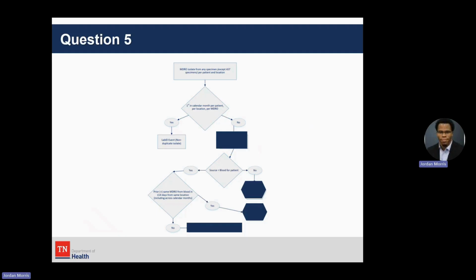Now, if that's not the case, and it has multiple isolates within or equal to less than 14 days, it would be a duplicate MDRO isolate and not a LabID event. If the source is not blood for the patient, it would not be a LabID event. But if it is, that's when you would check for the prior same MDRO from blood in 14 days or less from the same location.